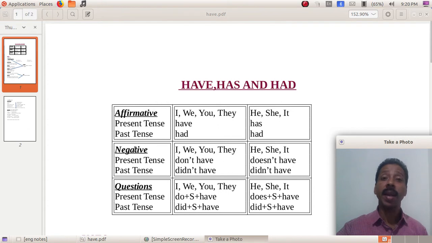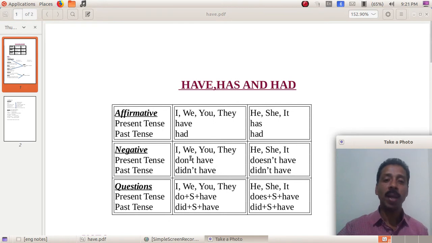And if you make it negative, along with I, we, you, and they, it will be don't have, and with he, she, and it, doesn't have. We learned that in order to make a sentence negative, we have to use not with the auxiliary.